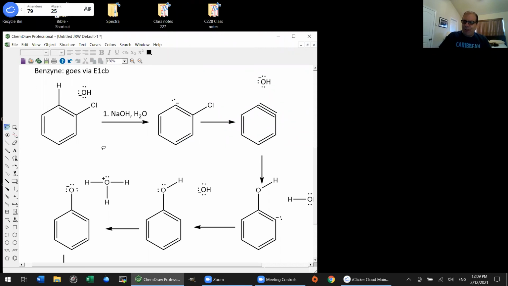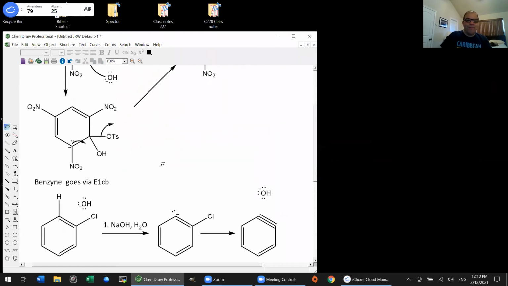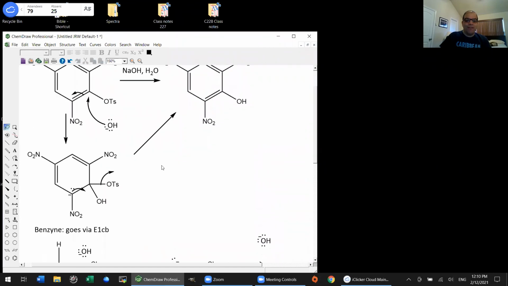So there is another type of reaction that really, to me, falls in more or less the same category, at least sort of the same zip code as nucleophilic aromatic substitution.